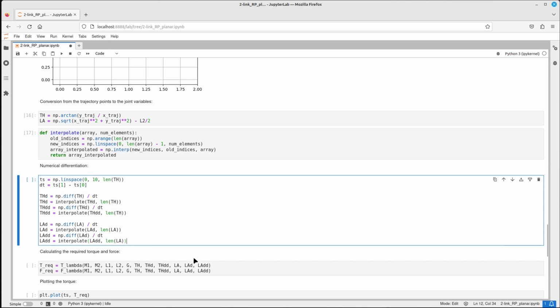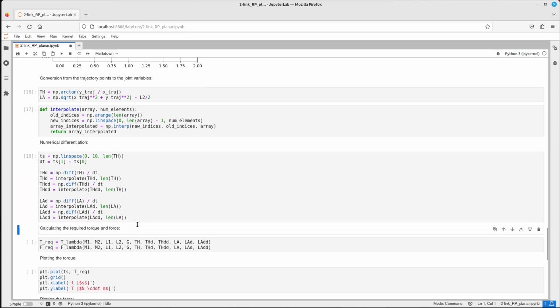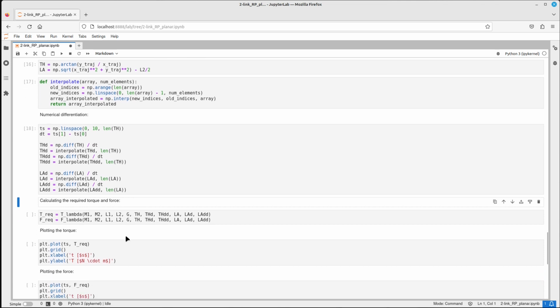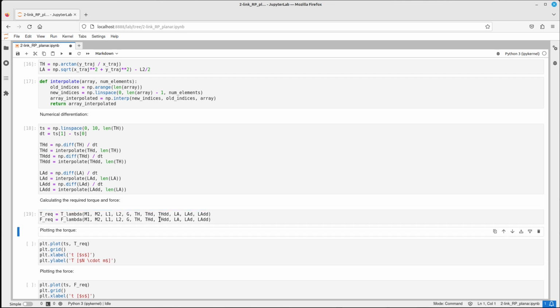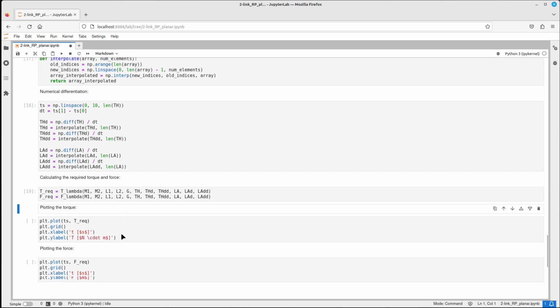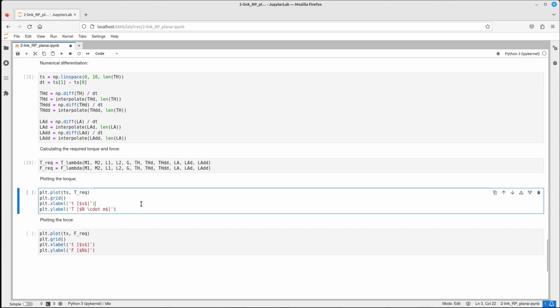Okay, so let's run this, and then we can proceed to calculate the required torque on the first link and the required force on the second link to set this whole structure in motion, in such a way that the tip of the second link moves along the trajectory path. So let's run this part as well, and let's plot the torque.